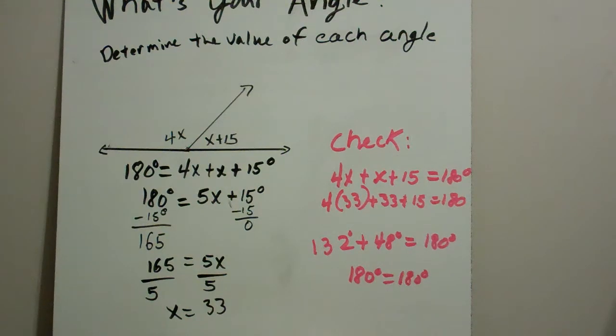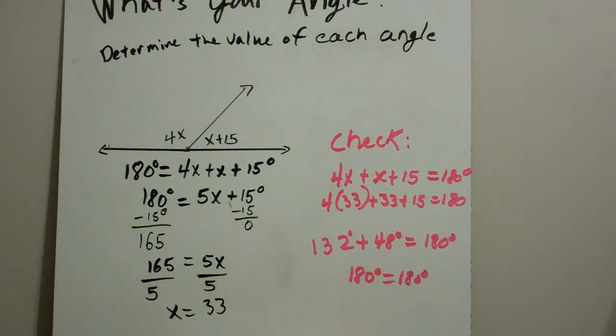Well, I'm going to find the supplement. I'm going to find what they both are equal to by setting them equal to 180 in this case, because I have the two angles and I have my straight line, and that's what I need them to equal, that straight angle, that straight line. So I set them equal to 180 degrees.